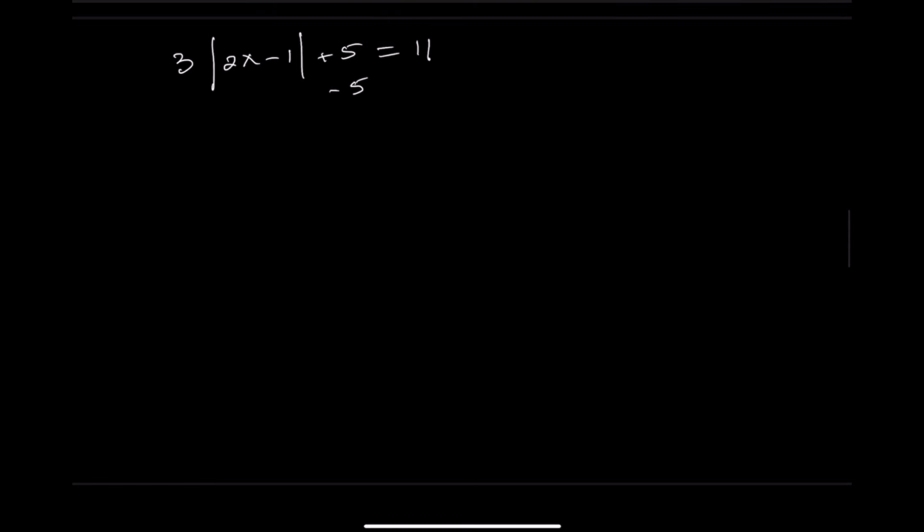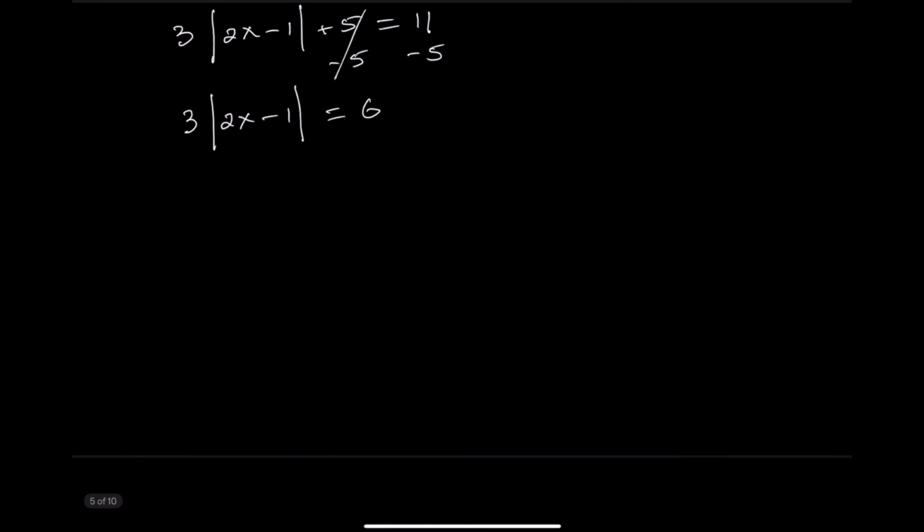Let's try a multi-step equation. 3 times the absolute value of 2x minus 1 plus 5 equals 11. Step 1. Subtract 5 from both sides. Now you have 3 times the absolute value of 2x minus 1 equals 6. Step 2.